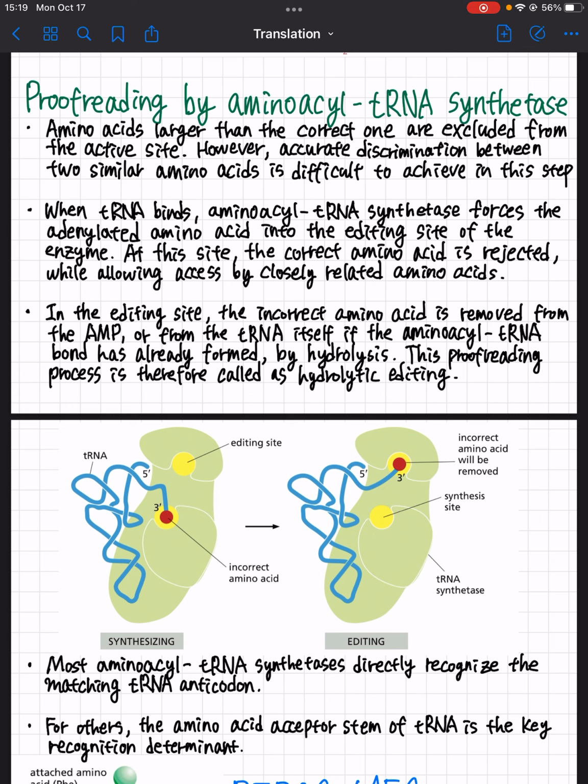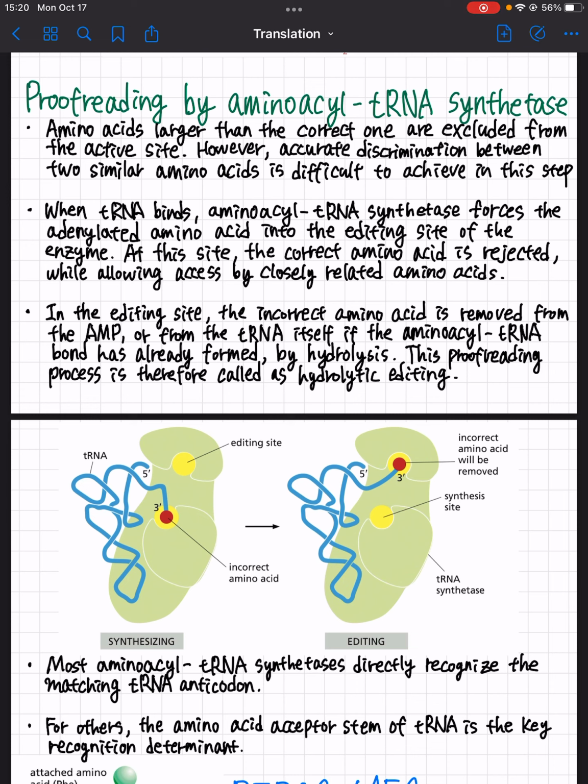In the editing pocket, an amino acid is removed from the AMP, or from the tRNA itself if the aminoacyl-tRNA bond has already formed, by hydrolysis. This hydrolytic editing is analogous to the exonucleolytic proofreading by DNA polymerases.